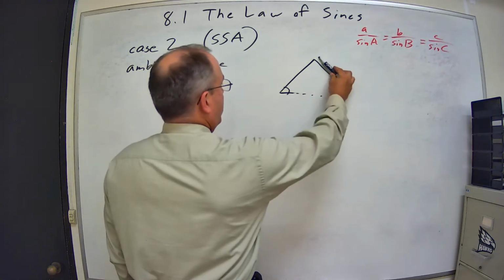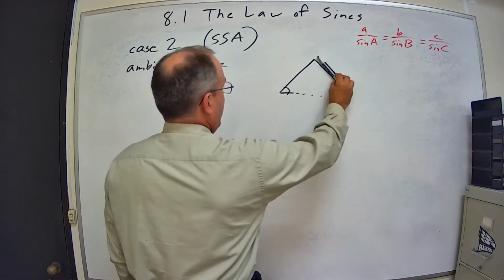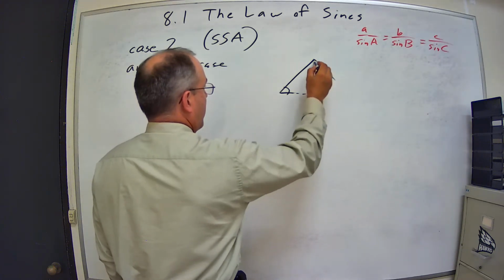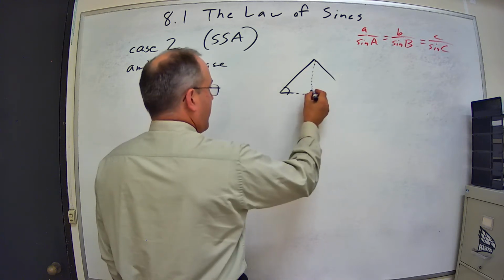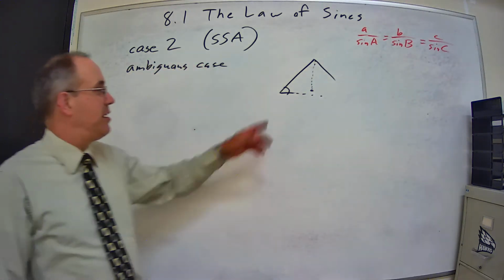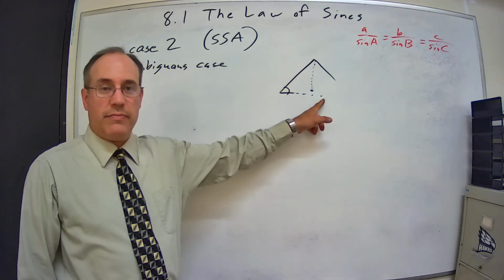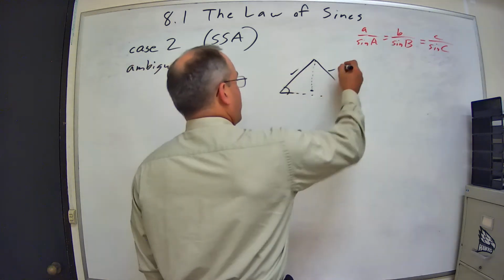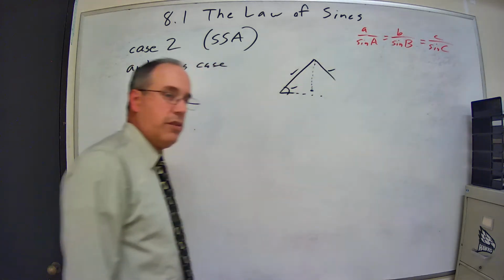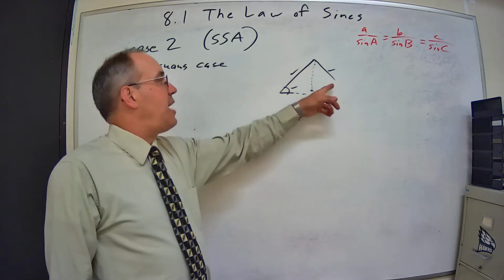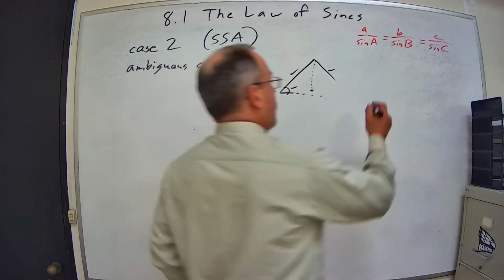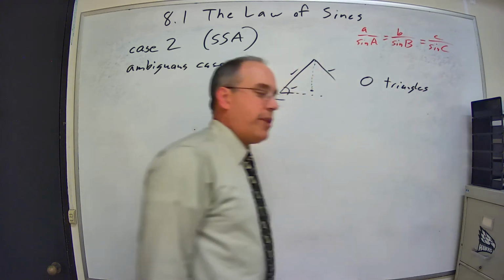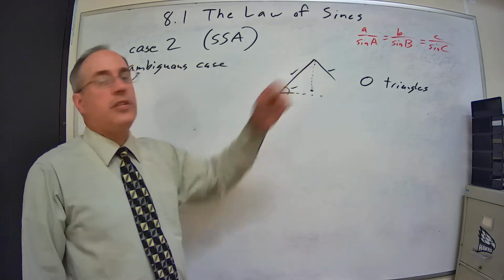If you look at the length of this side, it's that long, and I draw it here, it does not make it to this side here. So given the length of this side, the length of that side, and this angle, we find out that this side is too short, and therefore we have no triangles that we can create using that information.